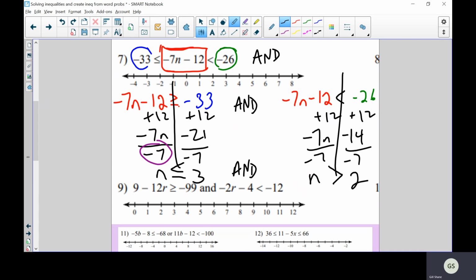If you wanted to graph that, it would be less than or equal to 3, and it has to be greater than 2. Oh, that's only greater than, so I would make it an open circle, and then I would shade in between. Not a whole lot of shaded region in that. So that would be the final answer.